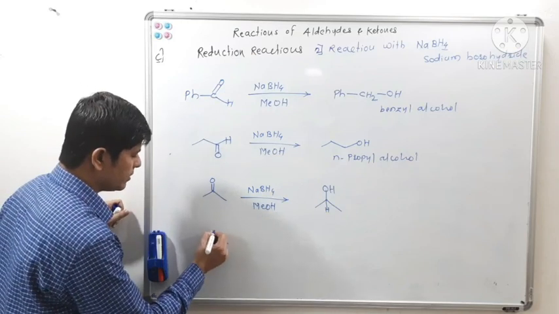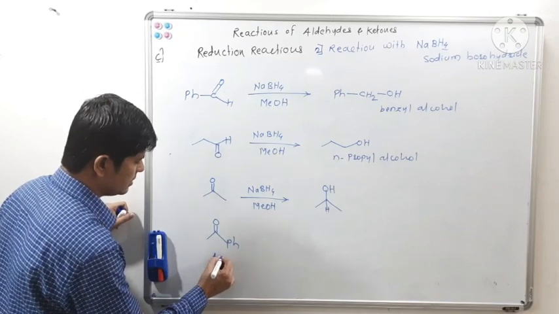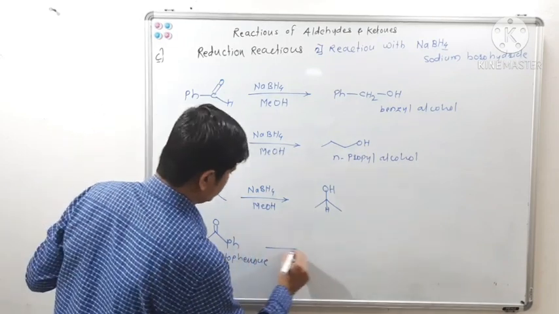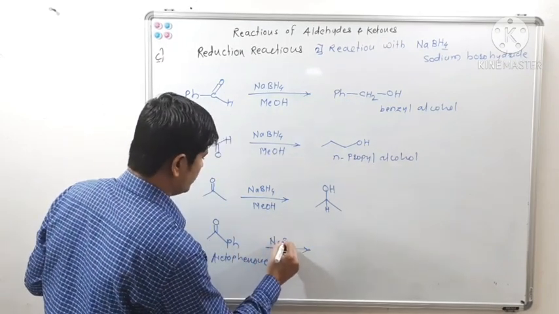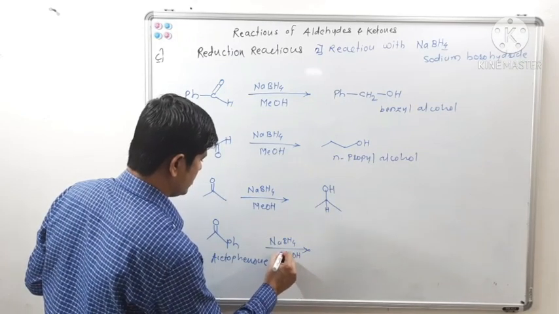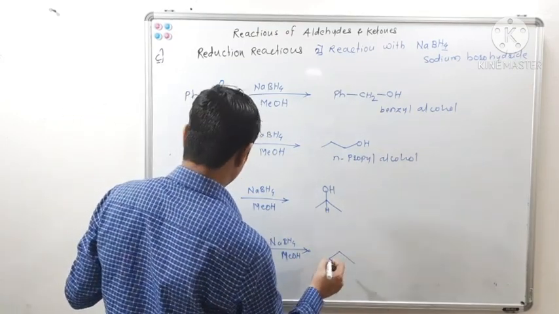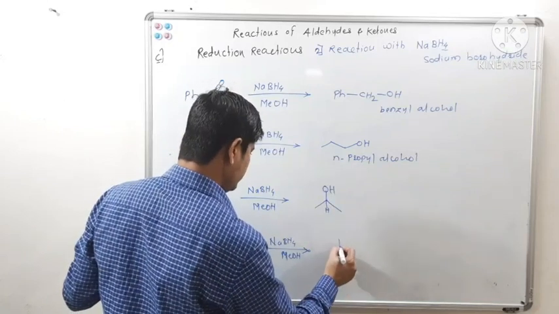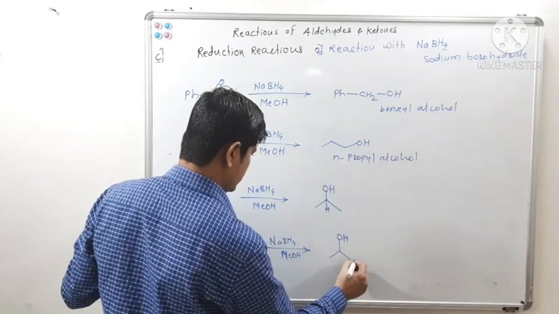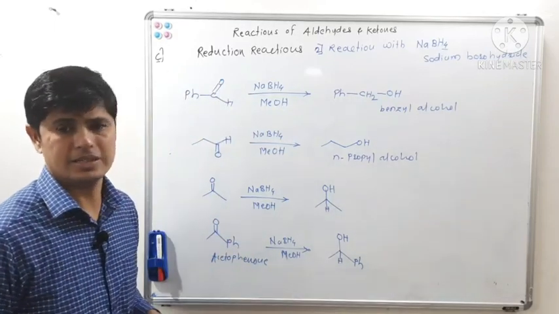Similarly, suppose we have reacted acetophenone with NaBH4 in methanol, what will you get? Here also you will get a secondary alcohol, 1-phenylethanol, isn't it?